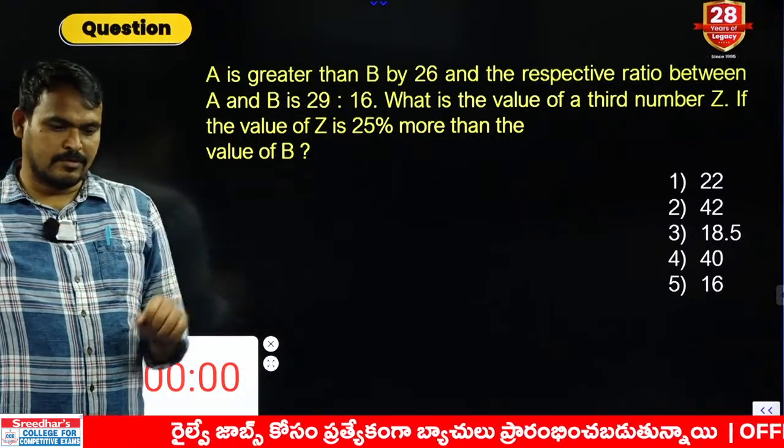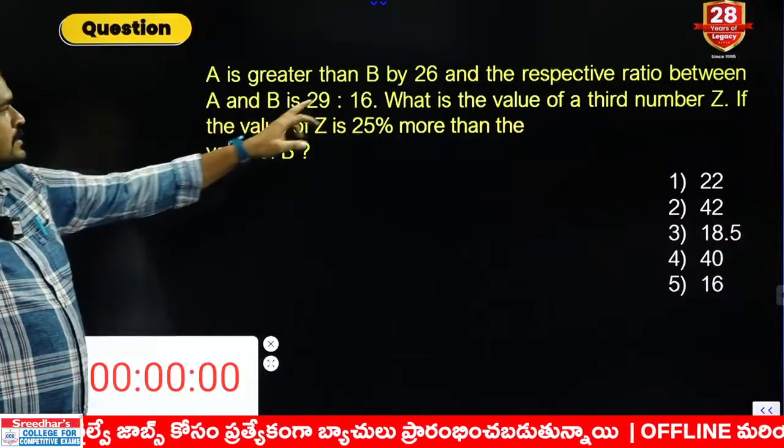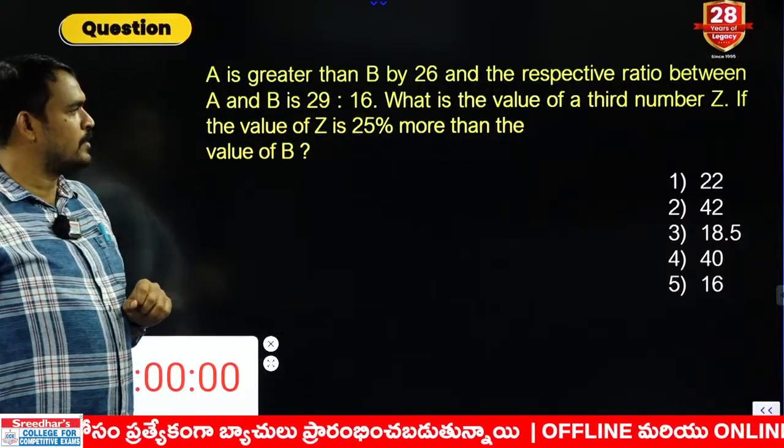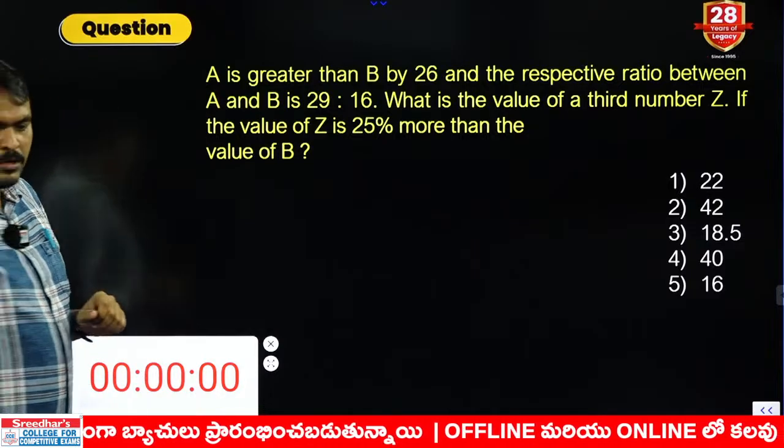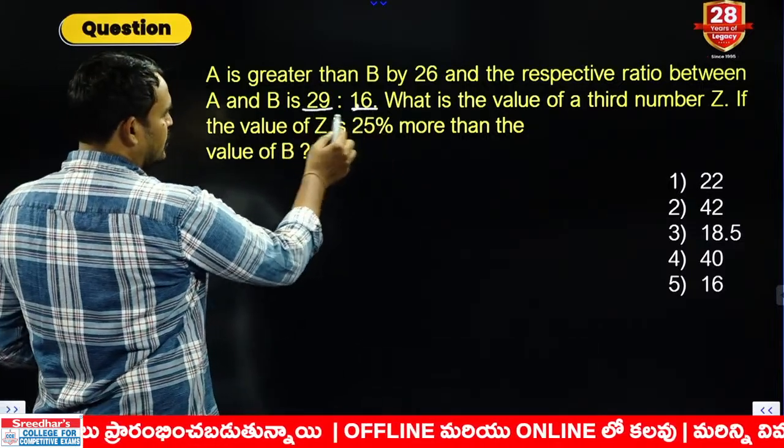The answer is 40, correct. A is greater than B by 26. The respective ratio between A and B is 29:16. 29 and 16, how many parts difference?